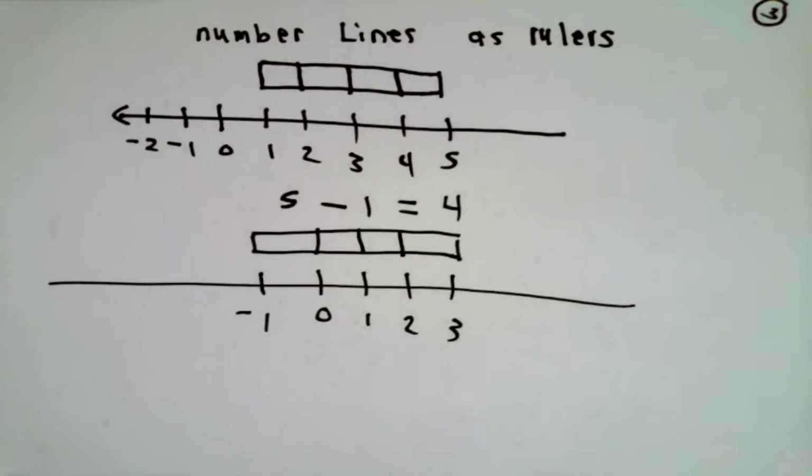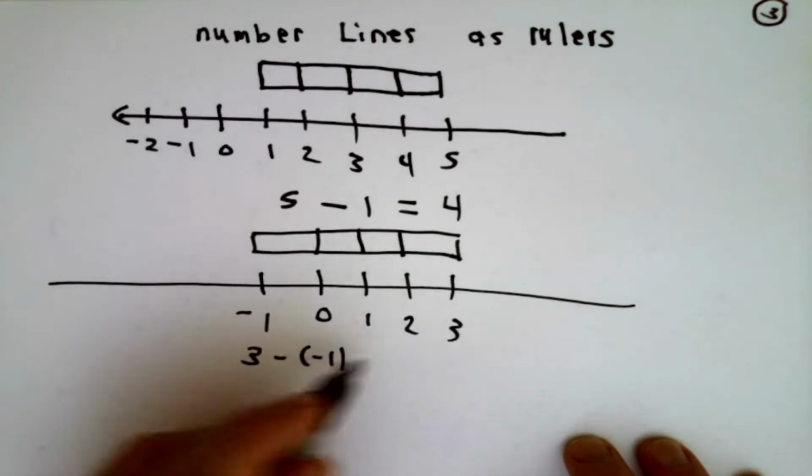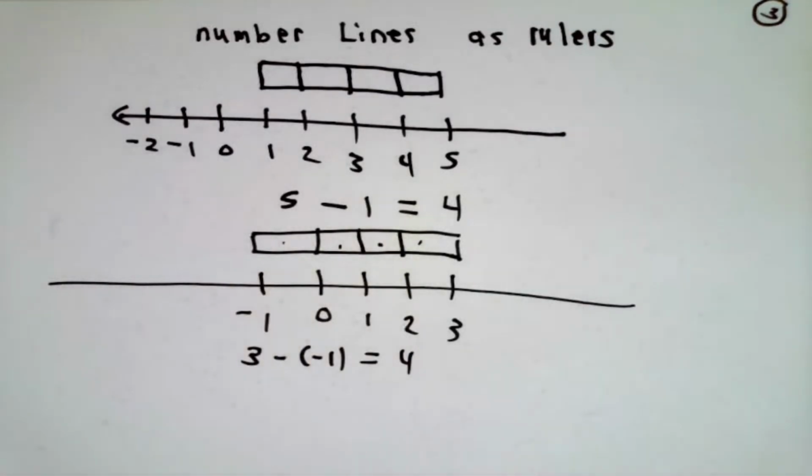The same is true even if I move the rectangle so that the x-coordinates of the left and right end are no longer both positive. If I calculate 3 minus negative 1, I still get 4, which is the length of the horizontal rectangle.